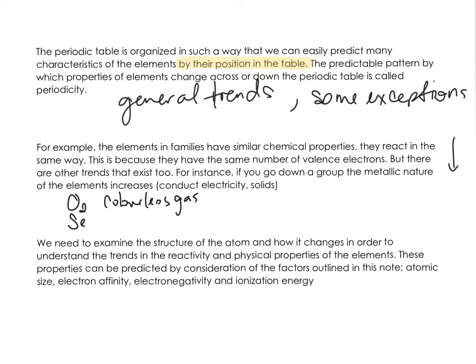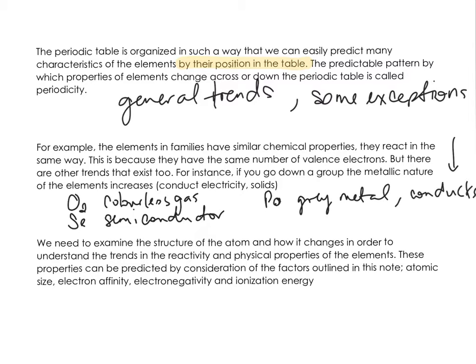It's a semiconductor, so it has some ability for conductivity. Then, as you go further down, you're going to come to polonium. It's a gray metal, and it conducts electricity.